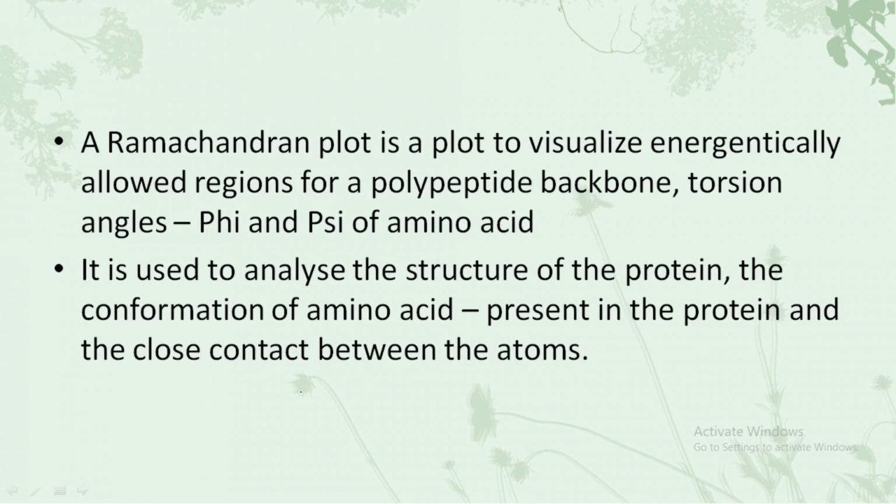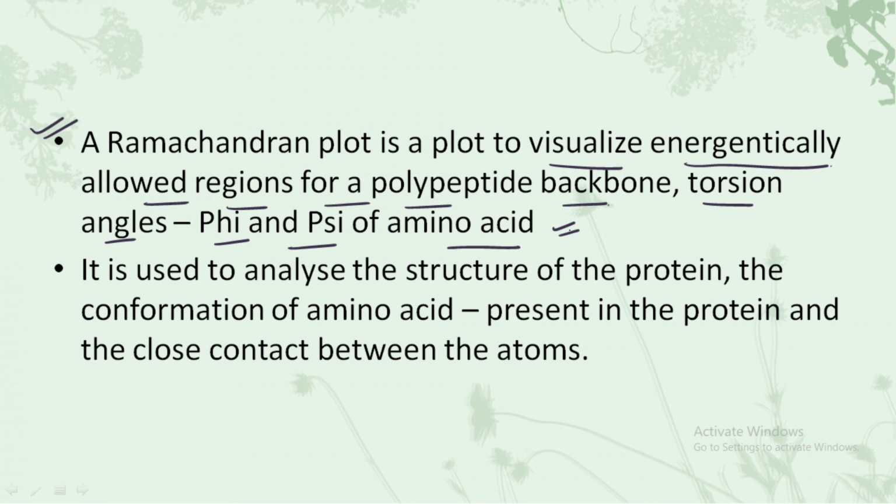So now, what is a Ramachandran plot? In simple words, a Ramachandran plot is a plot that is used to visualize the energetically allowed regions for a polypeptide backbone, that is, the torsion angles phi and psi of an amino acid.